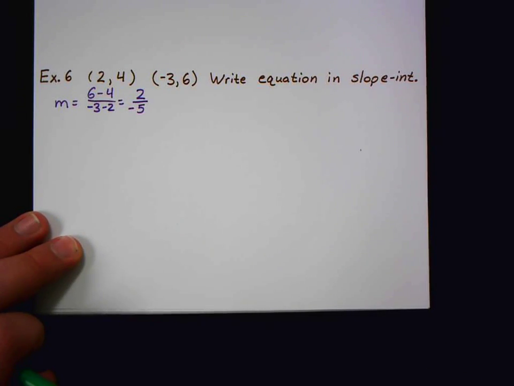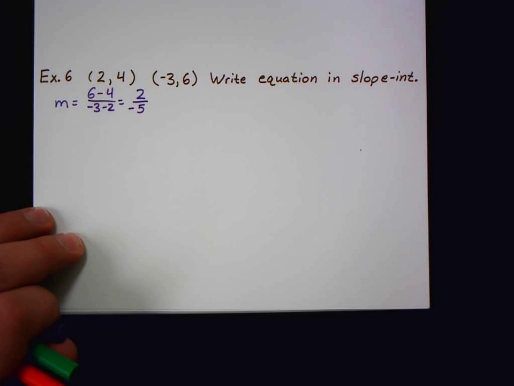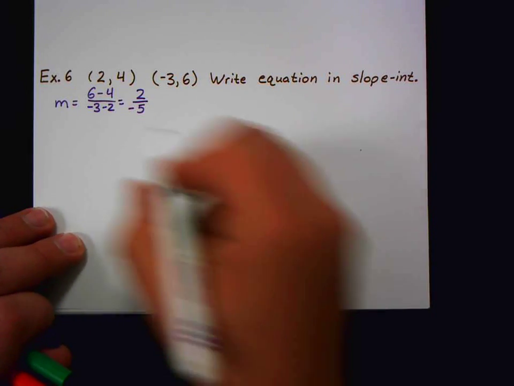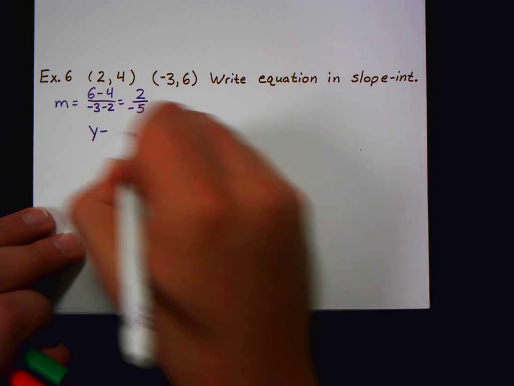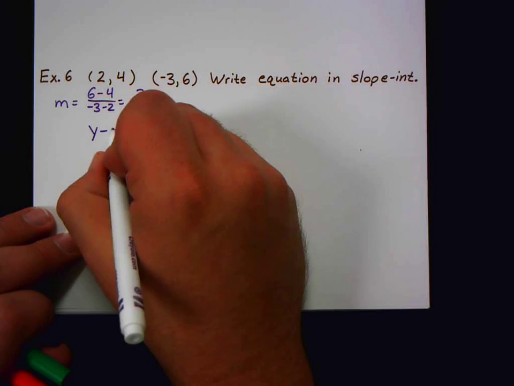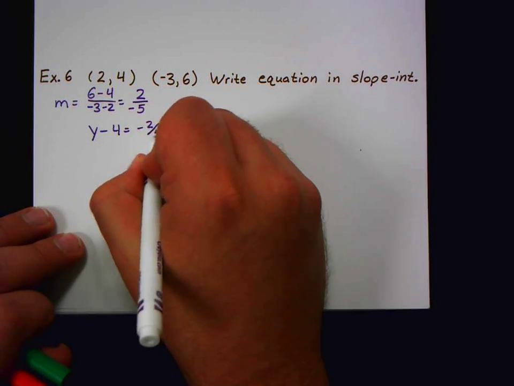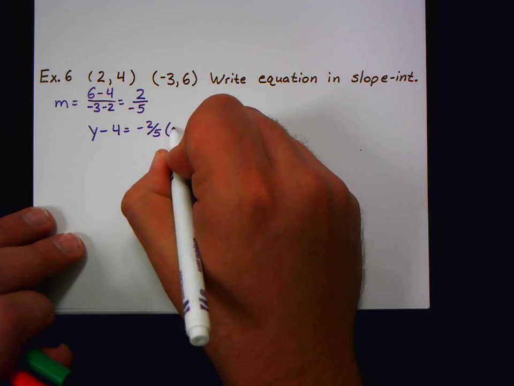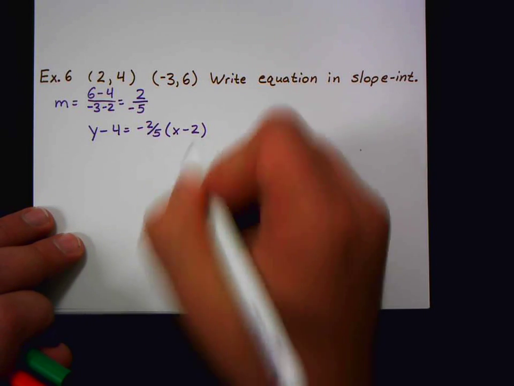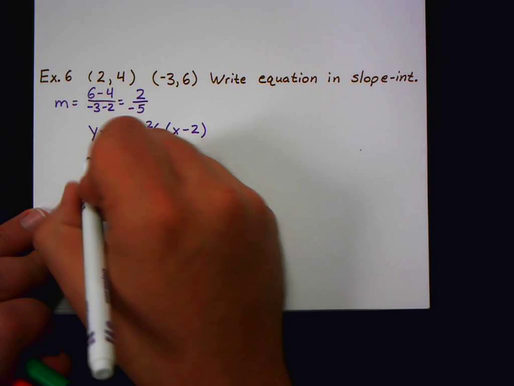I didn't try this one first, so I don't know how ugly it's going to get. Okay, pick one, doesn't matter, because they'll both come out to be the same. Wow, this one's going to be ugly.